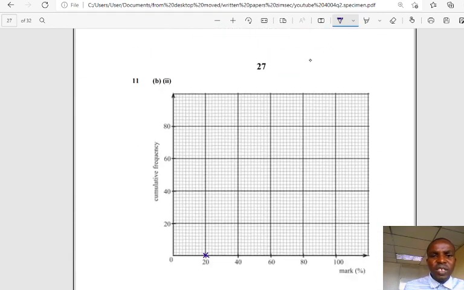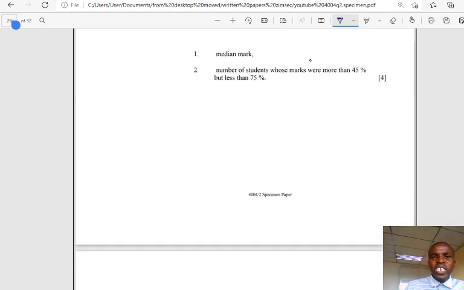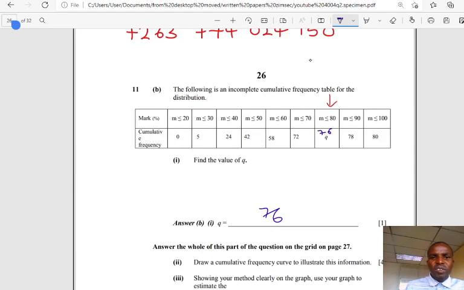Each small box here represents 20 divided by 10, which is 2. So each small box represents 2 units. So 30 and 5 means 2, 4, 5 is somewhere here. Then 40 and 24, and 50 and 42.